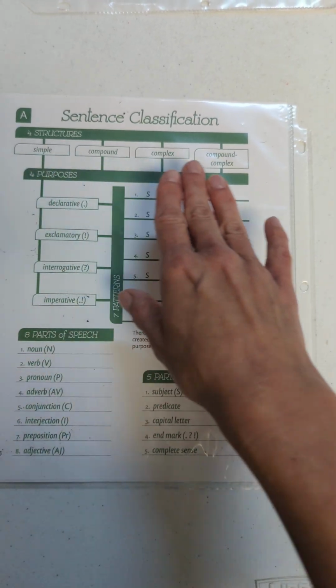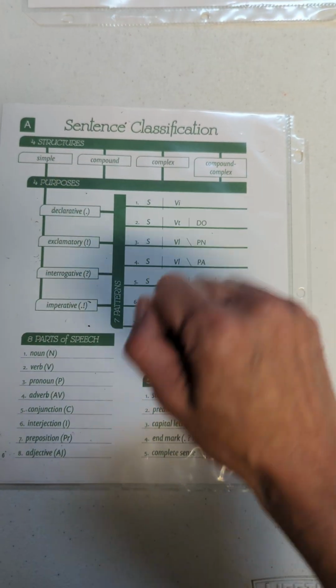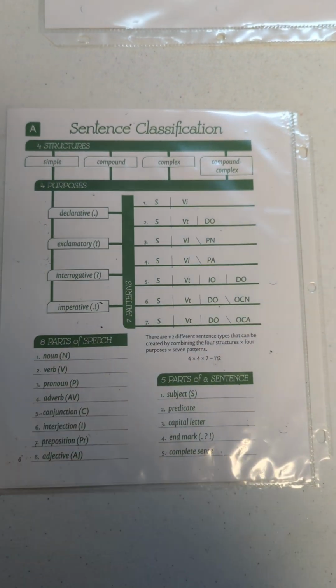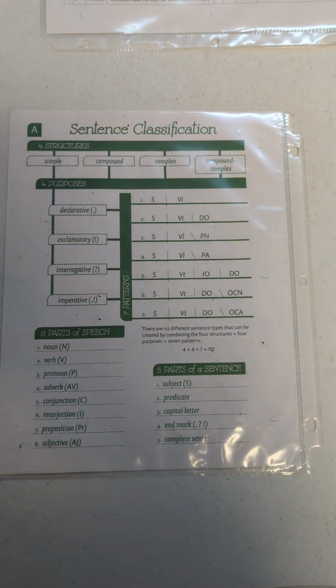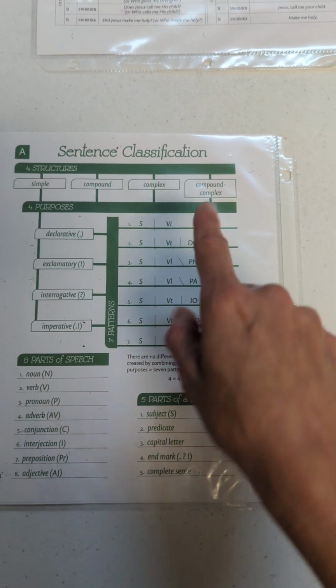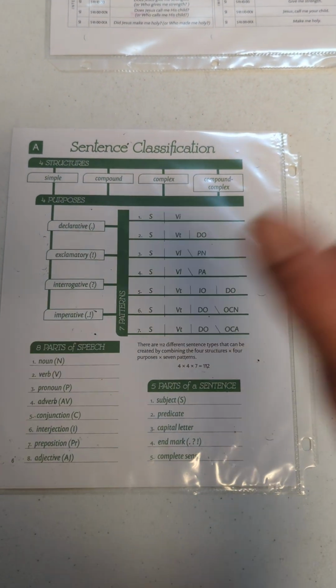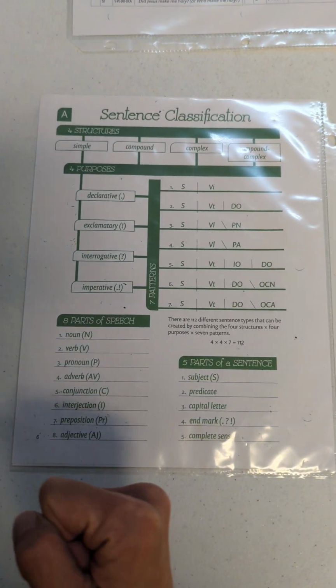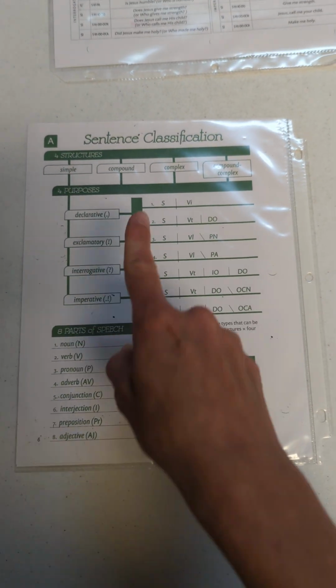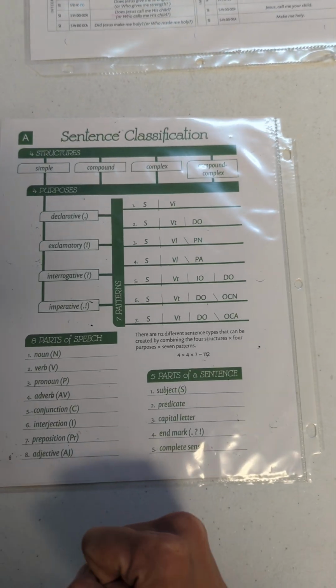For our 4 structures, we'll have some hand motions and some chants to remember these different things. We'll say simple, compound, complex, compound-complex by pounding on the table. For simple, we'll pound 1 time, and for compound, we'll pound 2 times.